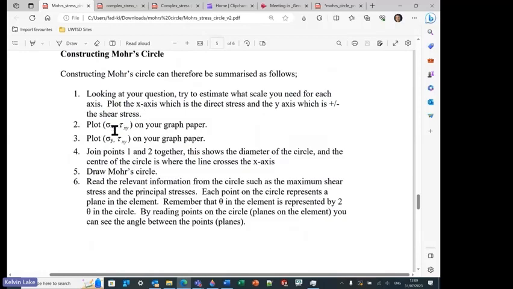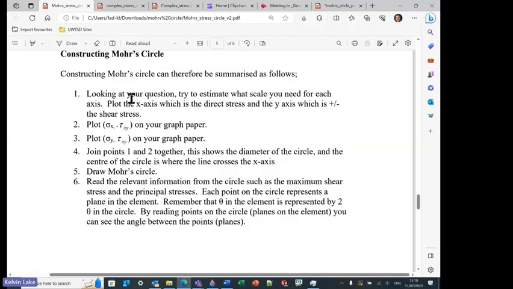What you then do is plot sigma x and minus tau xy on the graph paper, and sigma y and tau xy on the graph paper. Once you've plotted those two points, we join them together. That shows the diameter of the circle, and where that crosses the center line, that's going to be the center of our circle. We can then draw Mohr's circle and read the relevant information from that.